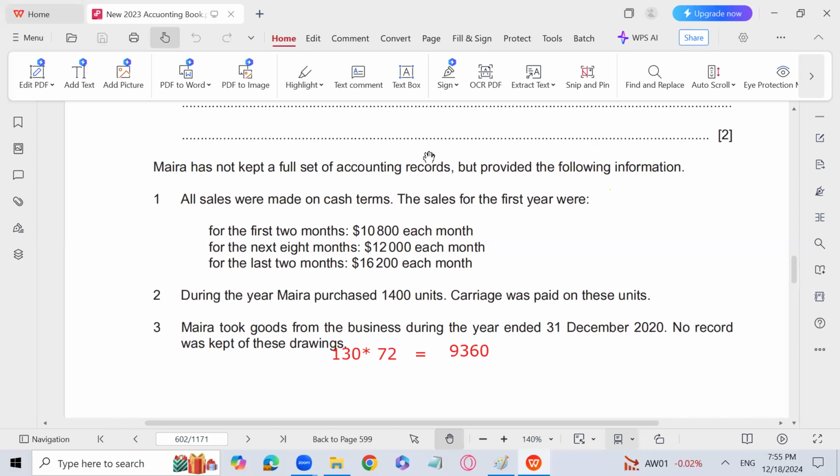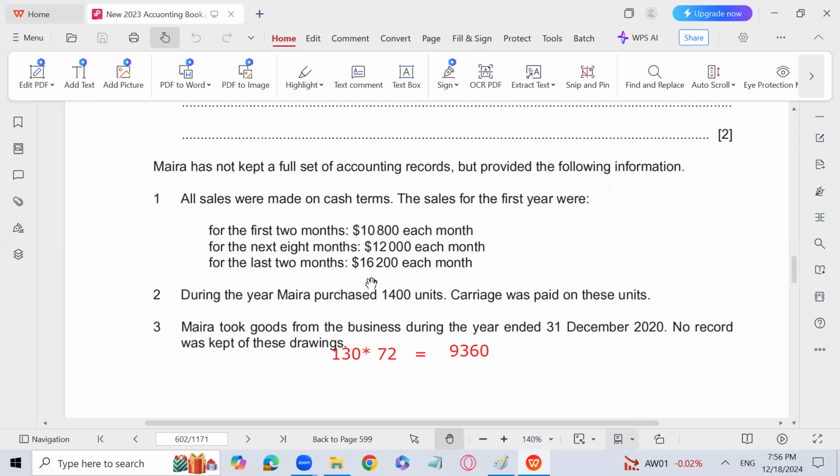Myra has not kept a full set of accounting records, but provided the following information. All sales were made on cash terms. The sales for the first year were, for the first 2 months, 10,800 each month. For the next 8 months, 12,000, that is 12,000 into 8, which is 96,000. For the last 2 months, it is 16,200 each month, so we have to multiply it by 2.